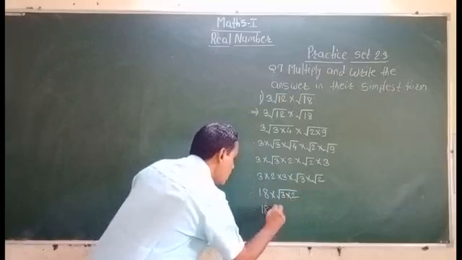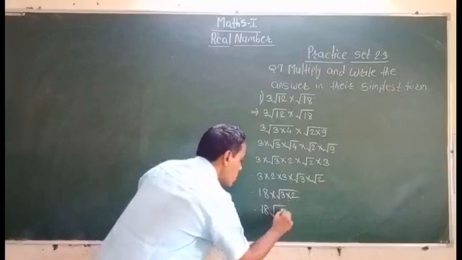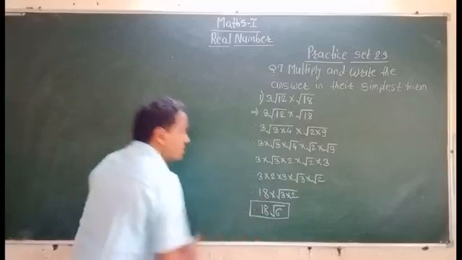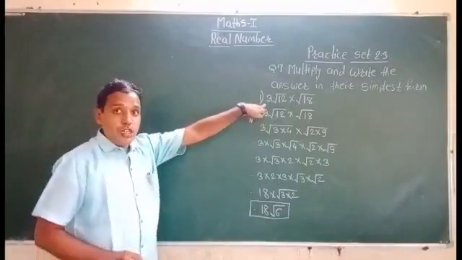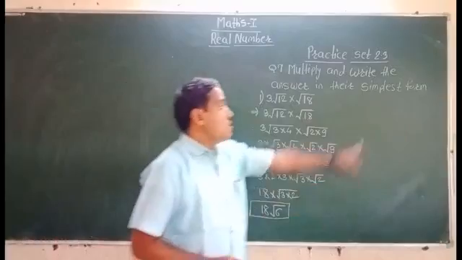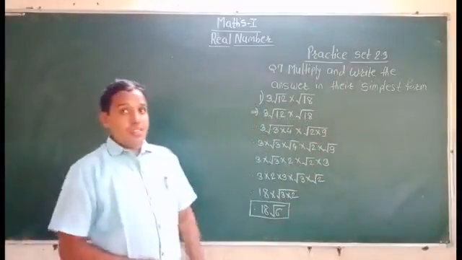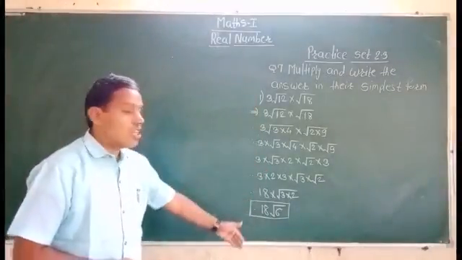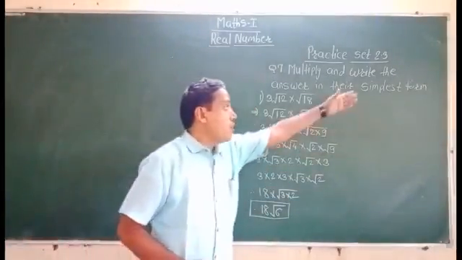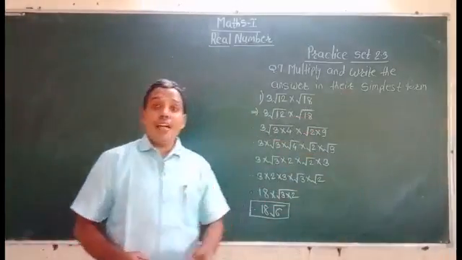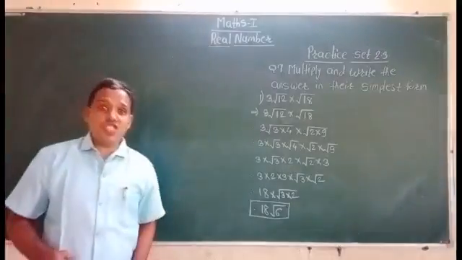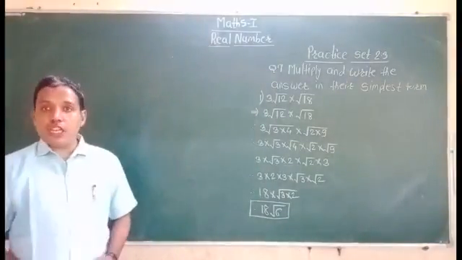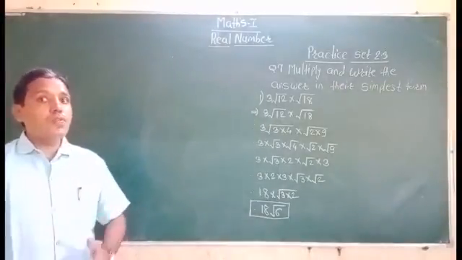Therefore 18 surd 3 2s are 6. So this is the answer of that multiplication, and this is the simplest form of that answer. In this way we solve that multiplication and convert the surd into its simplest form. So you will better understand how the multiplication is carried out in given two surds.